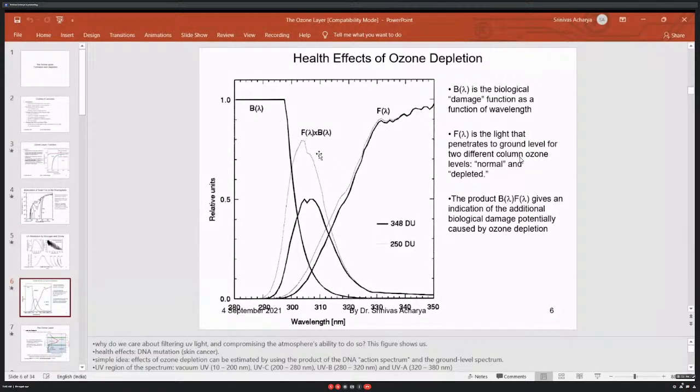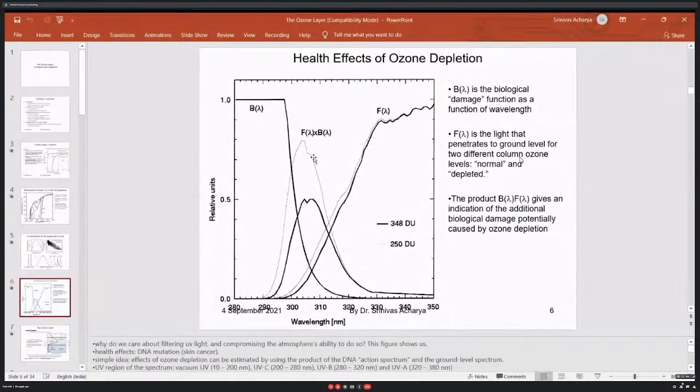This product will increase when certain depletion occurs. If it goes from 340 Dobson unit to 250 Dobson unit, then you can have a significant magnitude of biological damage, as you can see in this figure.